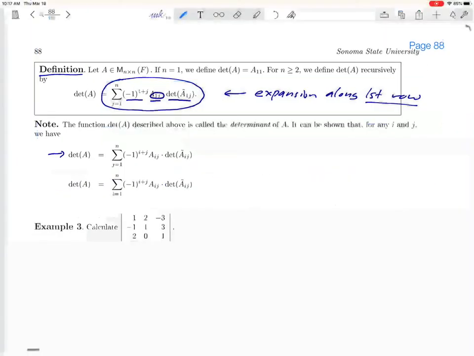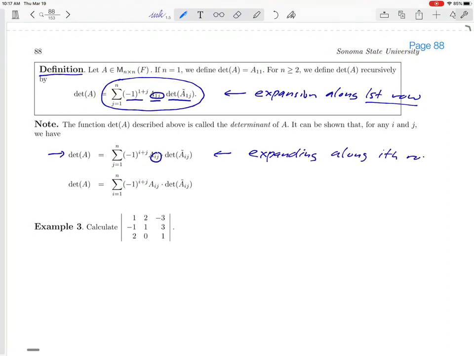The only difference is that instead of having a 1, we have an i, which means that we're really expanding along the ith row of our matrix. Turns out that if we do that for a specific matrix, do all the arithmetic, we'll get the same answer that we did in the formula above.